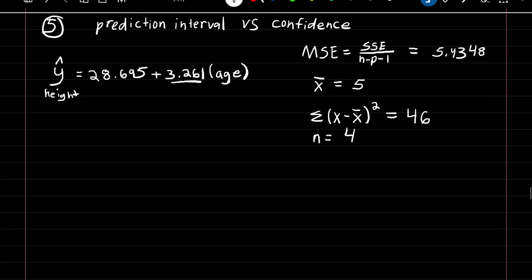Prediction interval versus confidence interval. Just like how we were able to form confidence intervals and use t-tests on our parameter estimates, we're also able to use confidence intervals on our predicted values. Say we wanted to enter x equal to 5, or someone that's the age of 5. Can we get a confidence interval, or a range of predicted values, for when x is equal to 5? First we find our predicted value: 28.695 plus 3.261 times 5, and we get a predicted value of 45.